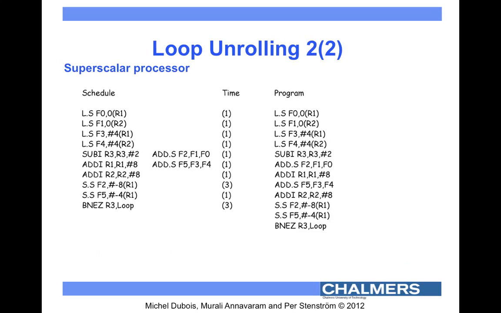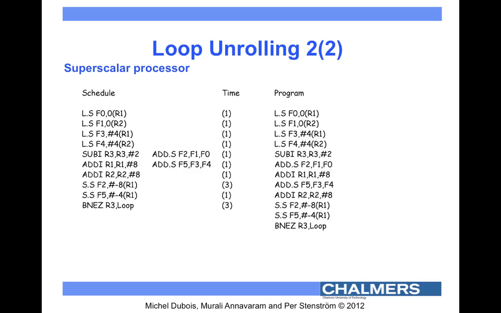So let's look at loop unrolling in the context of superscalar processors. Here to the right, we have the optimized unrolled loop, and now the objective is to try to execute 2 instructions per cycle, where one must be a floating point instruction and one is an integer instruction.